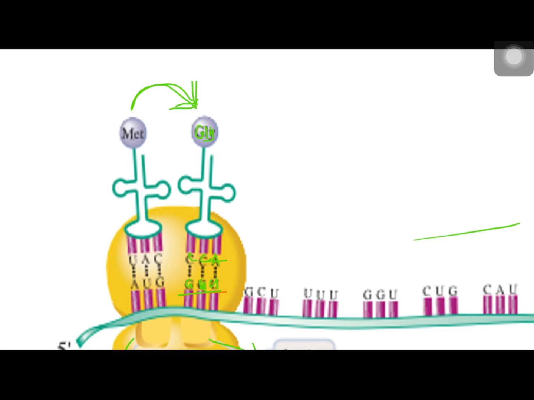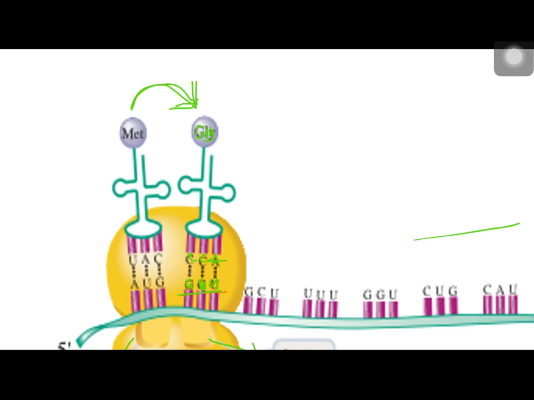So the amino acid methionine will transfer to the A site and will be linked to the glycine by the enzyme peptidyl transferase, forming a dipeptide in the A site.